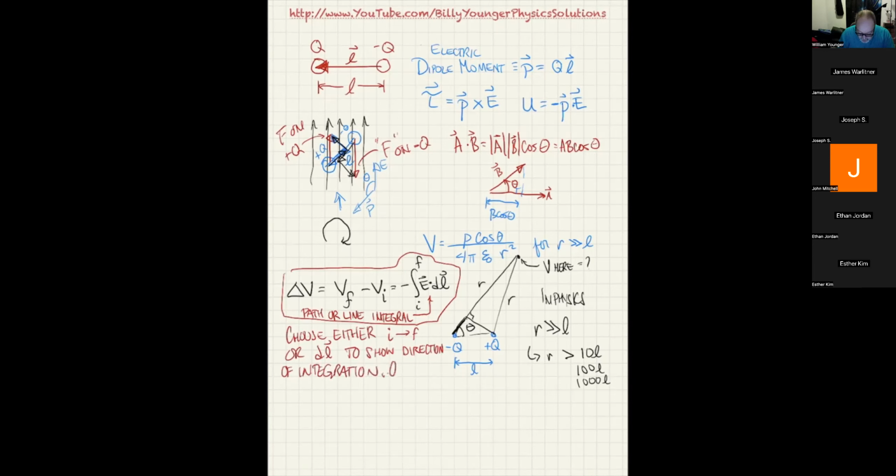Once you do that, the other just points in the direction of increasing coordinate.